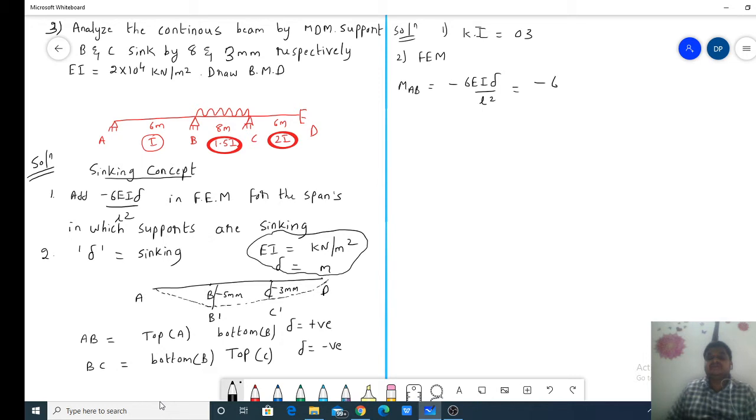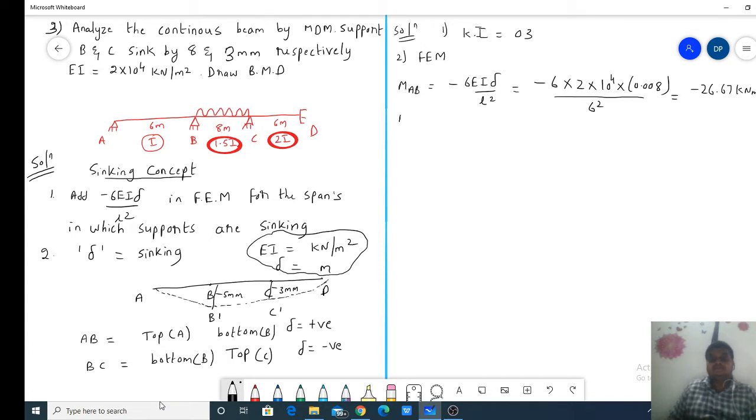Now EI is already given, that is 2 into 10 raised to 4, and delta given is 8 mm, which means 0.008, upon L square, where L is your span, which is 6 square. So this comes out to be minus 26.67 kilonewton meter.